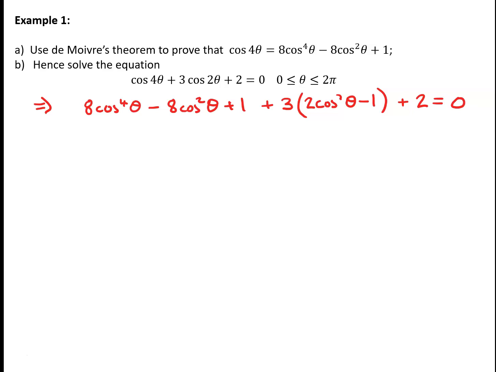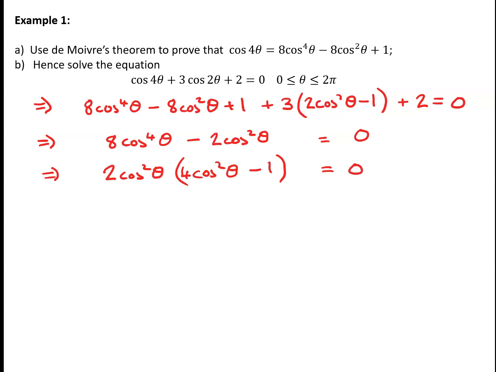Cos 2 theta we know is the same as 2 cos squared theta minus 1. So I've got 8 cos to the 4 theta minus 8 cos squared theta plus 1 plus 3 lots of 2 cos squared theta minus 1, add 2 must equal 0. So if we tidy that up, that becomes 8 cos to the 4 theta minus 2 cos squared theta equals 0.